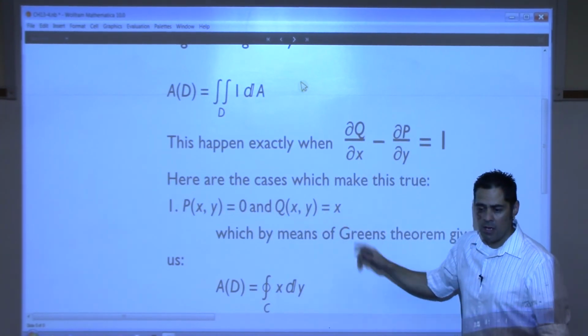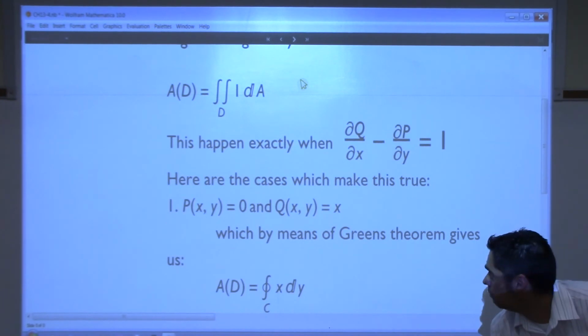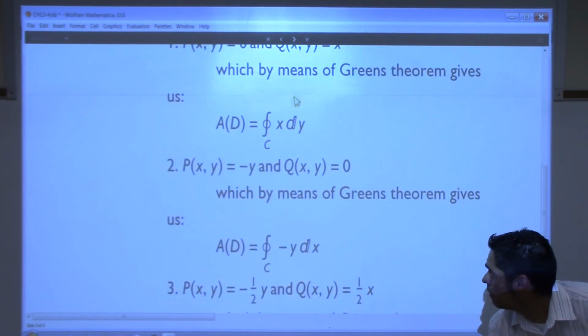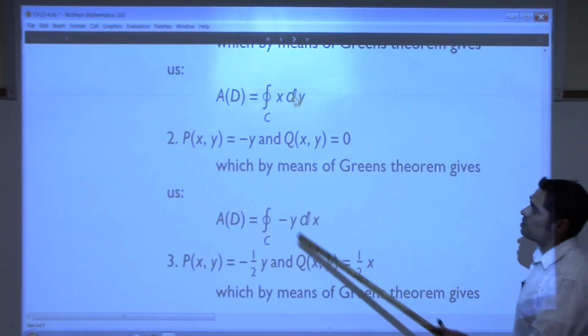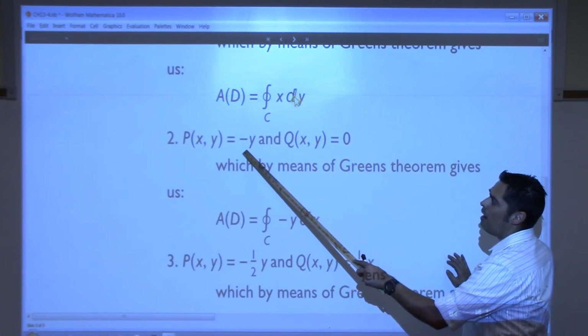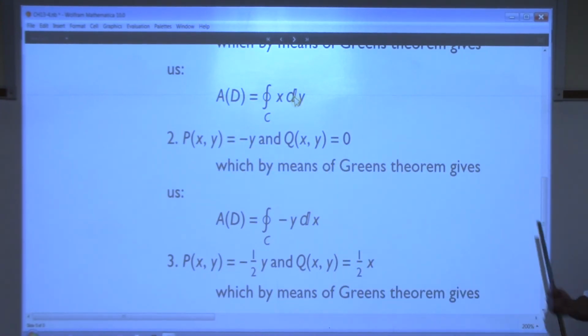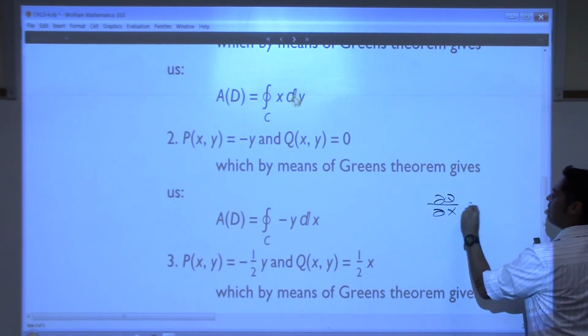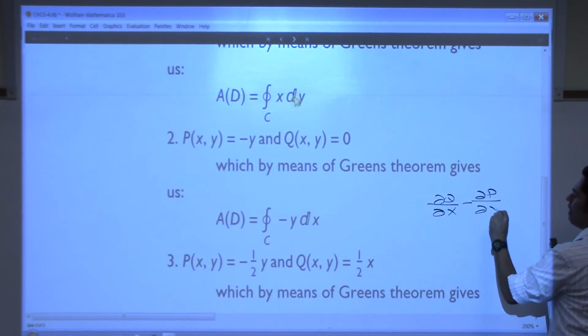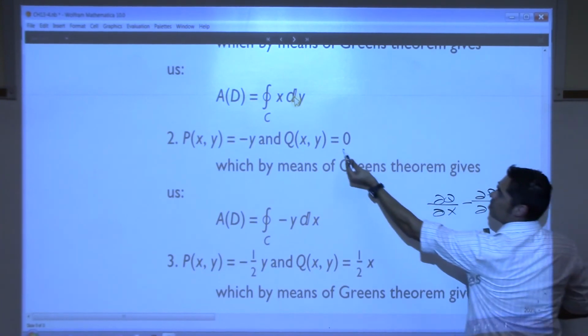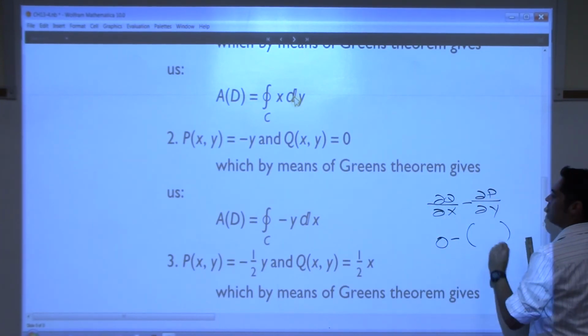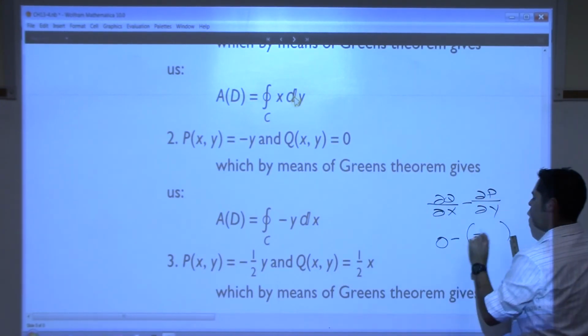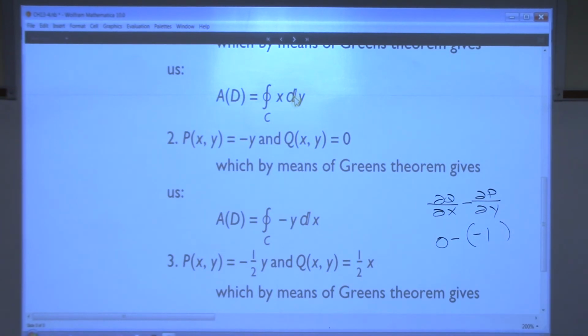So I could make this thing turn into a 1 if I say P is 0 and Q is X. Here's another way I could do it. If I let P be negative Y and Q be 0, then I can also do it. So what's the partial of Q with respect to X minus partial of P with respect to Y? Partial of Q with respect to X would be 0 minus partial of P with respect to Y, negative 1, and then you get 1 again, right?